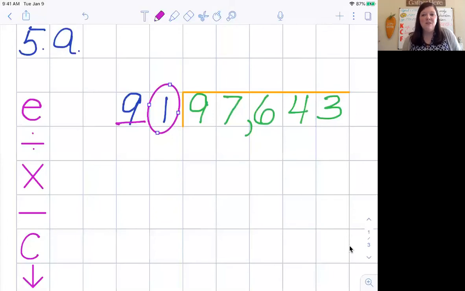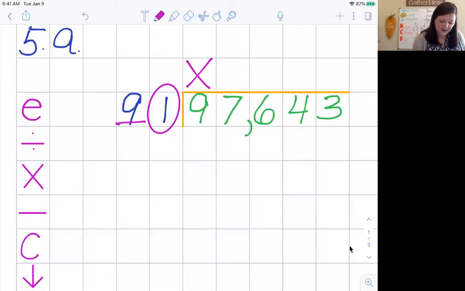That means we need to have 5 somethings up top. So let's go ahead and put our X's where they need to go. Can 91 fit into 9? Of course it can't. So let's put an X on top. And that takes care of our very first place. Now, can 91 go into 97?